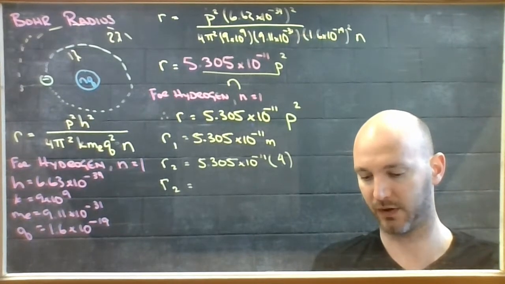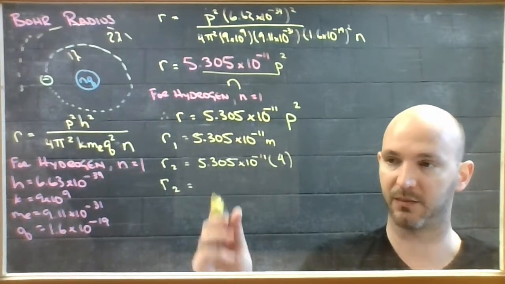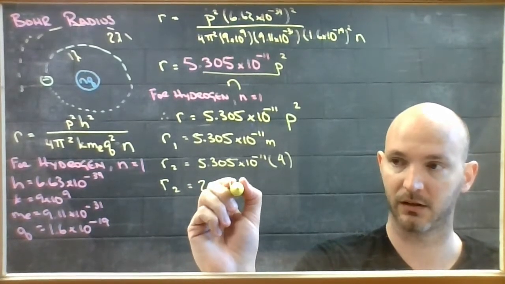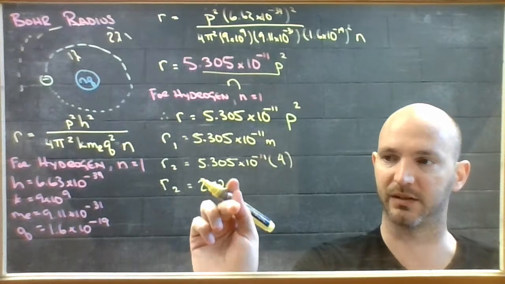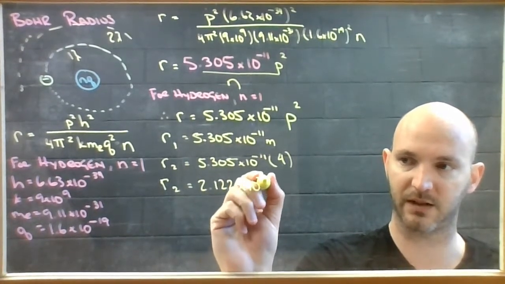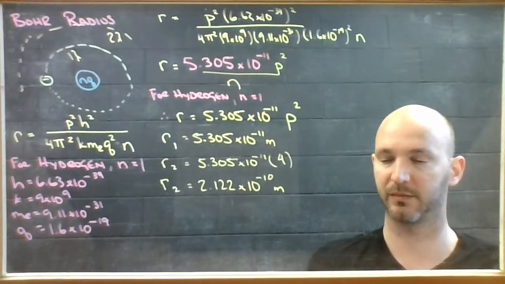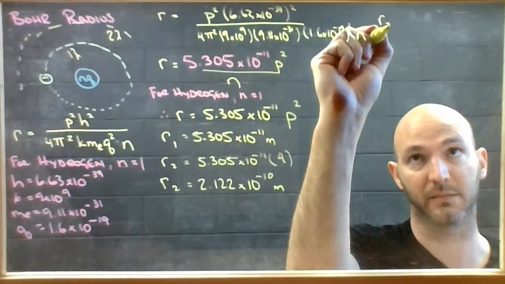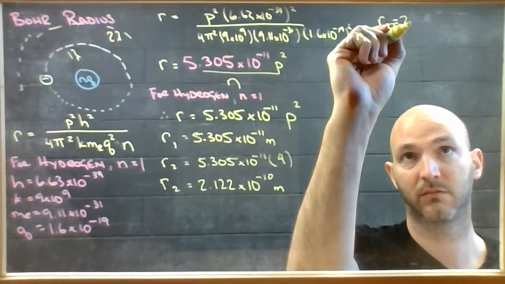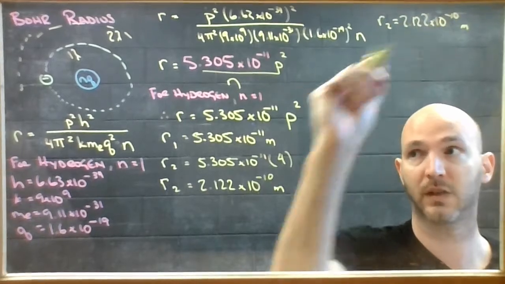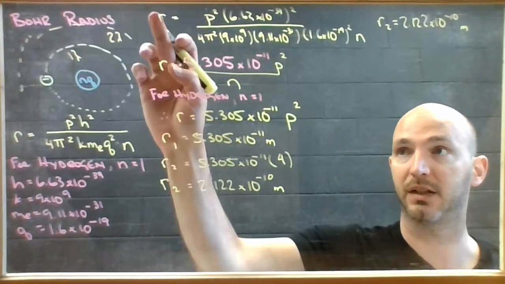So that number times 4 gives me 2.122 times 10 to the negative 10 meters if I round. Okay, so I'm going to write that number up here, because I'm going to need it in a minute.